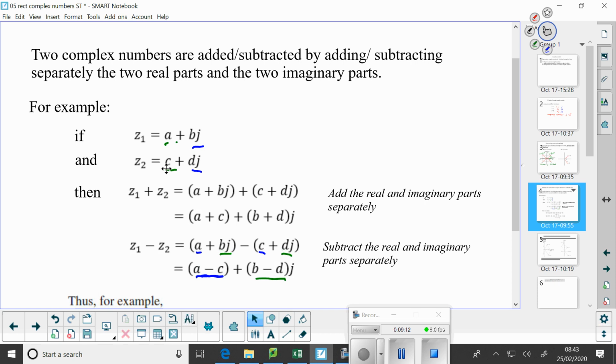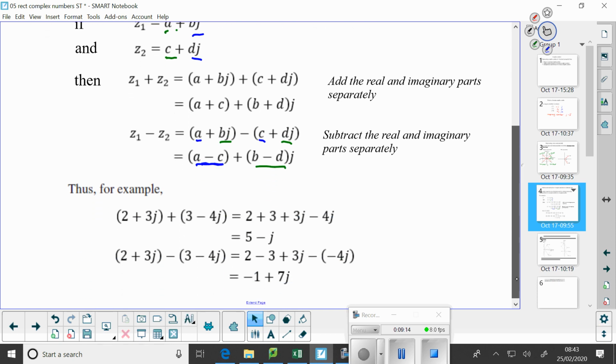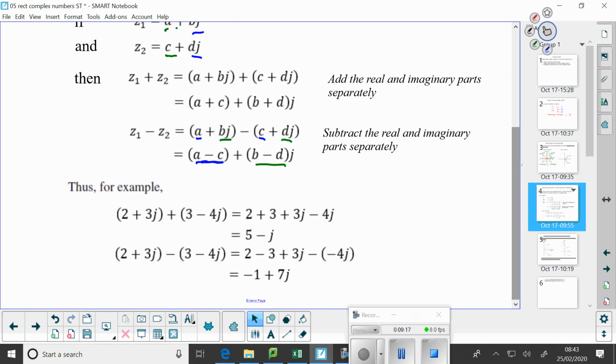Alright, so a proper example with numbers. If we're adding 2 plus 3j to 3 minus 4j, that's 2 plus 3, the two real parts, and 3j plus minus 4j, the two imaginary parts.